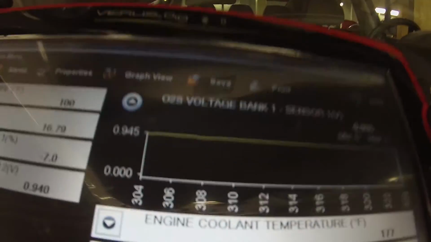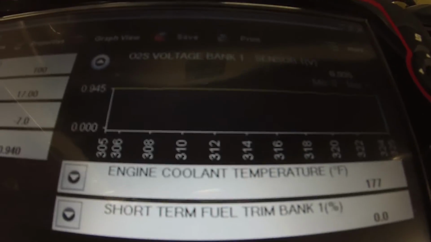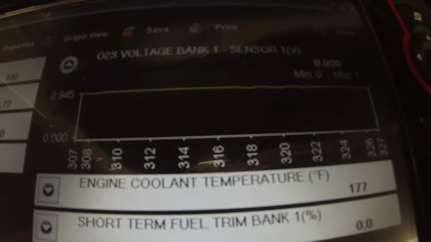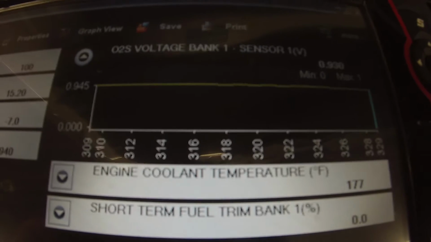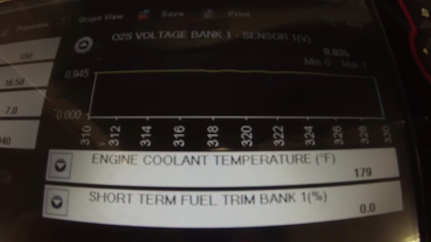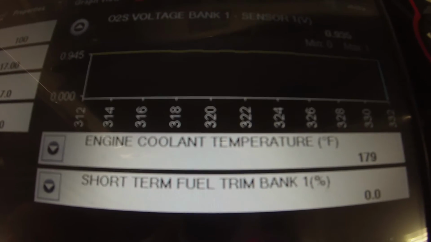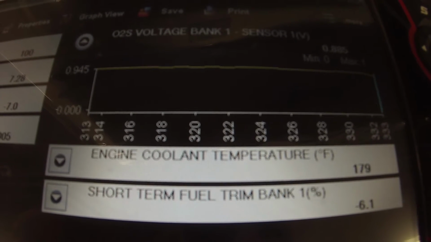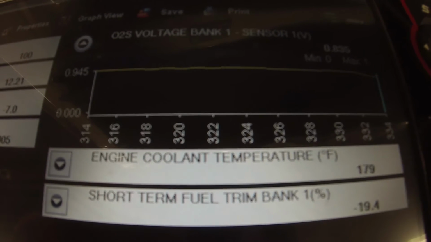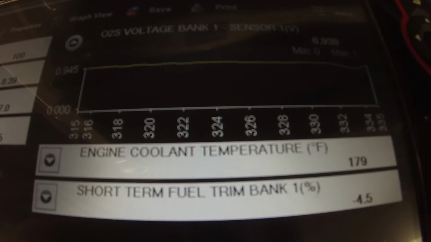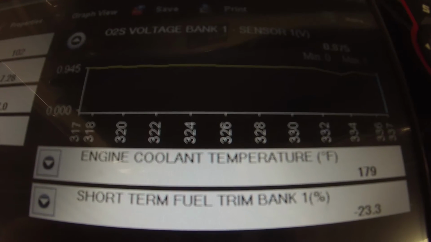Still fixed rich. Pull that vacuum line off. This is not responding the way it was before now. Okay, so there's my short term going negative.